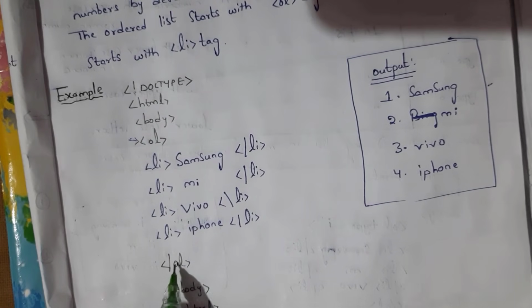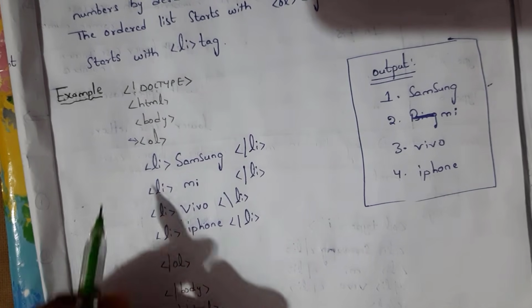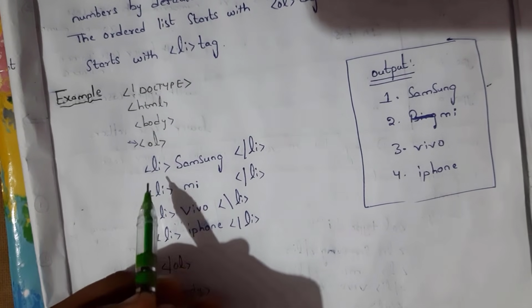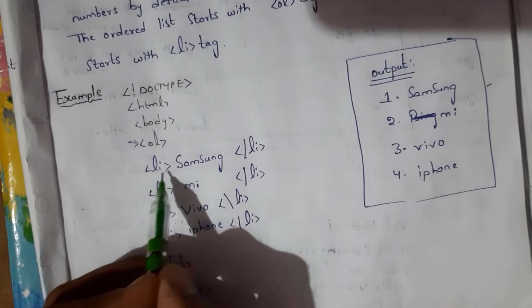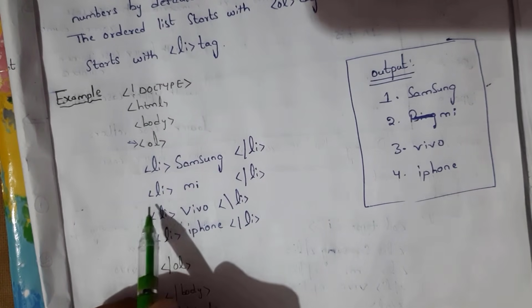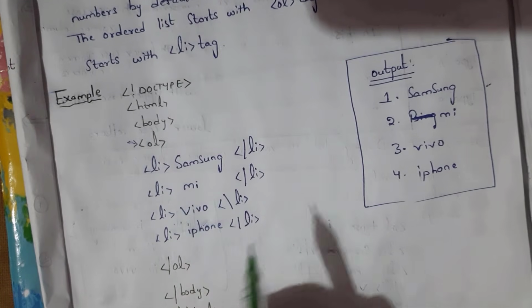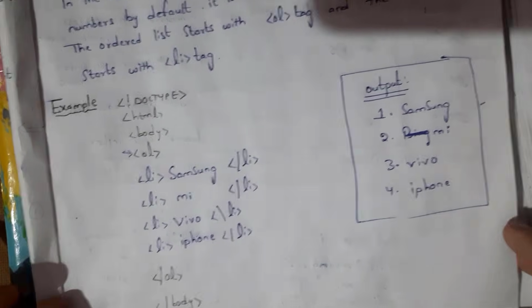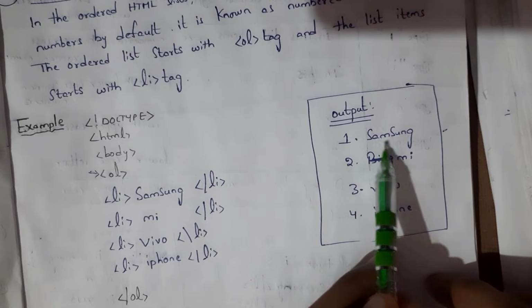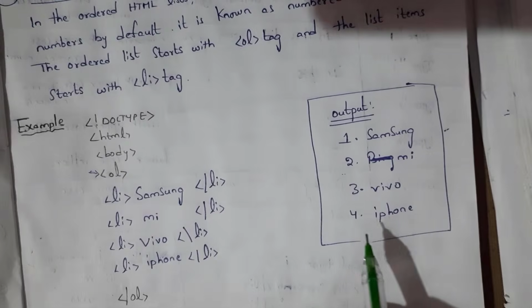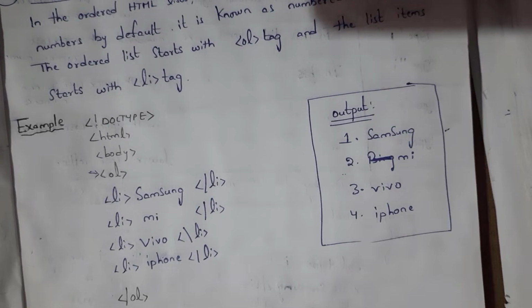Similarly, I close this ordered list tag, that is OL, and inside this ordered list I write a list of elements. LI stands for list item. First one is Samsung, second is MI, third is Vivo, and fourth is iPhone. So the output is 1 Samsung, 2 MI, 3 Vivo, and 4 iPhone. This is how the output looks.